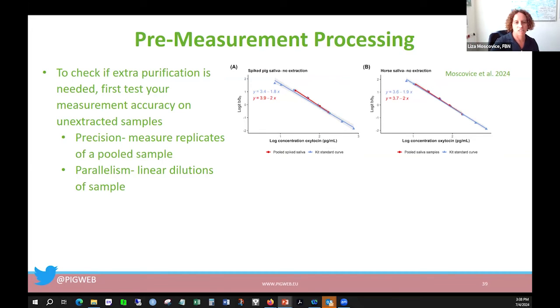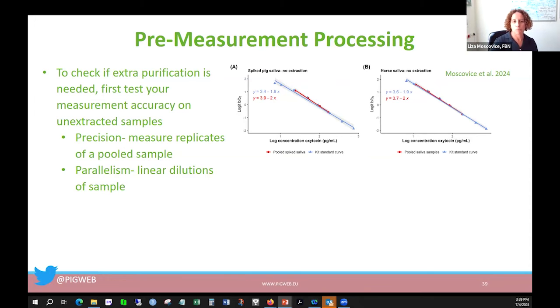Shown here for horse saliva, we have really nice parallel slopes of the serial dilution of oxytocin in pooled saliva samples and a serial dilution of the pure oxytocin in blue.